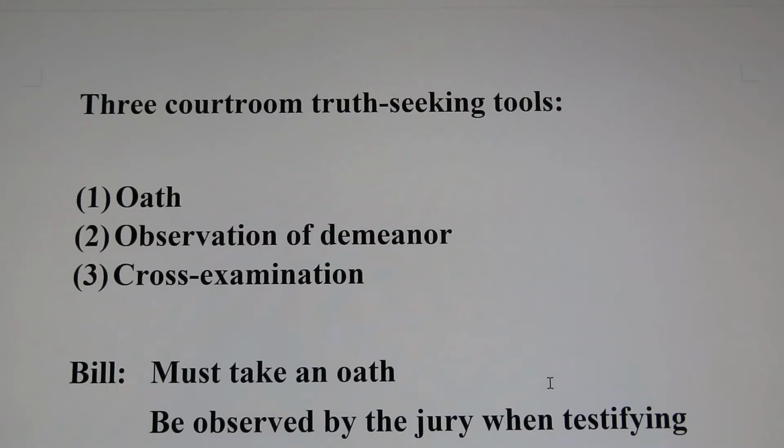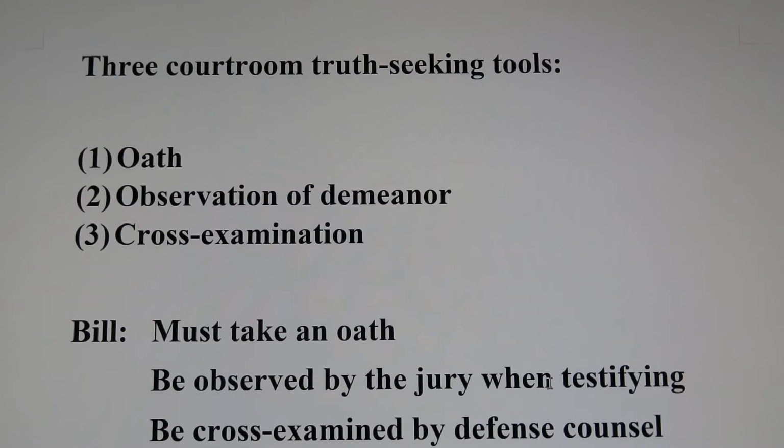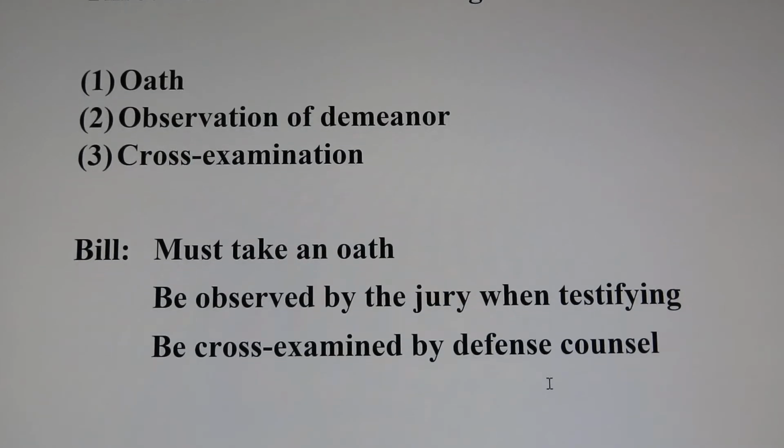We have discussed that if Bill claims he saw Adam pull the trigger and shoot down Charlie, Bill has to be in court, he has to take an oath, and his demeanor would be observed while he is testifying, and of course he would also be cross-examined by defense counsel.